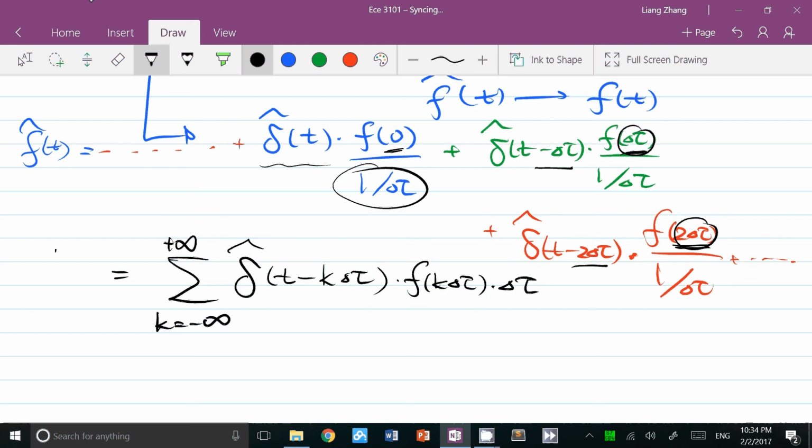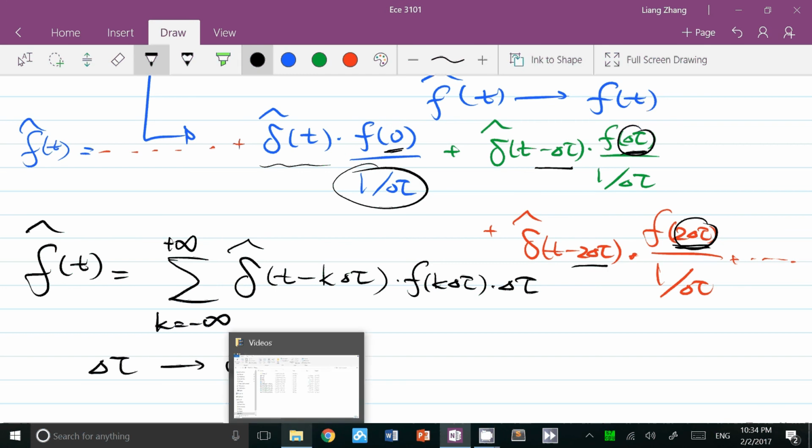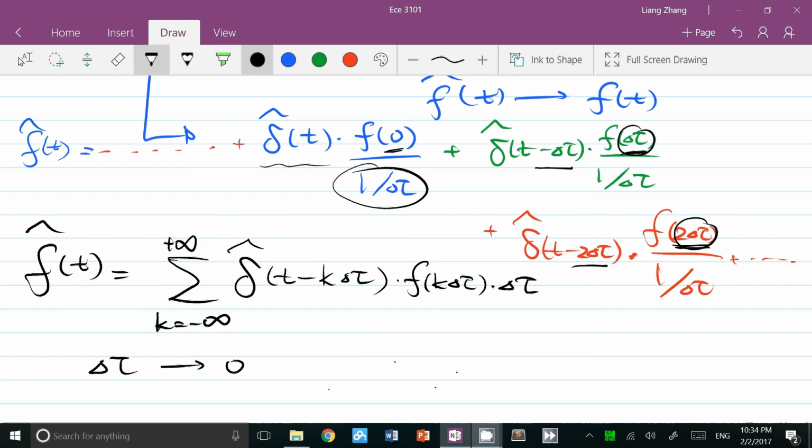And this is a new way to express f hat. And as we know, if delta tau is small enough and goes to 0, we're going to have f hat of t go to f of t, the original or actual input.